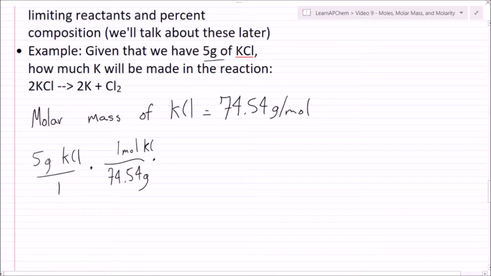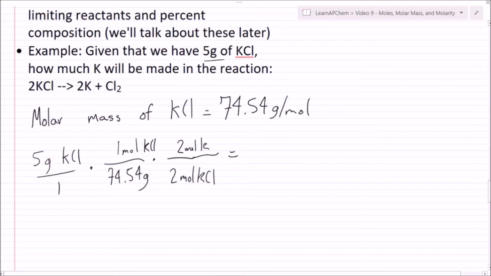I'll make this clear: 1 mole KCl. And then I know that if I have 2 moles of KCl, I have 2 moles of potassium. How I'm getting that is I'm seeing that there's 2 here and 2 here. So that's all I'm doing.